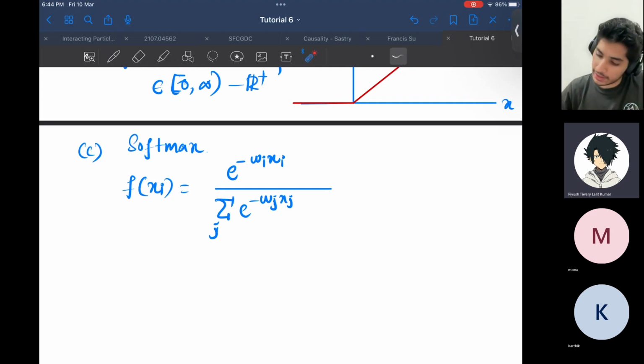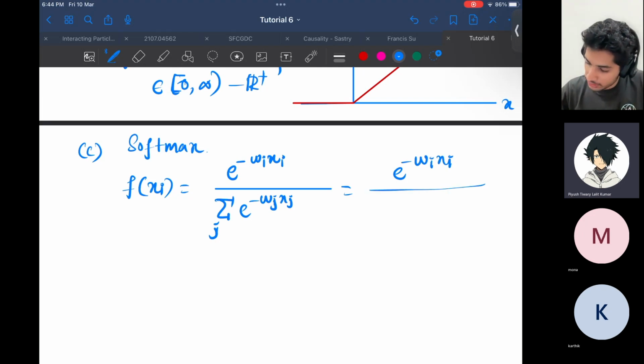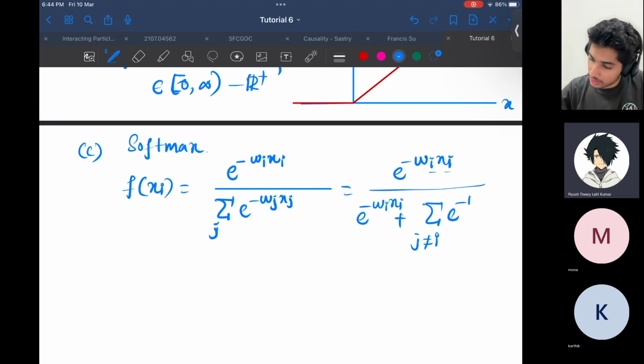Here I can write this as e raised to minus w_i x_i upon e raised to minus w_i x_i, using that particular ith index, plus the rest of the summation, j not equal to i, of e raised to minus w_j x_j, right?